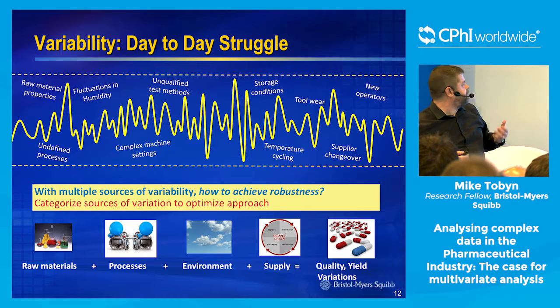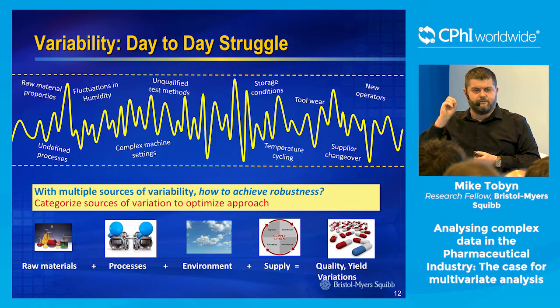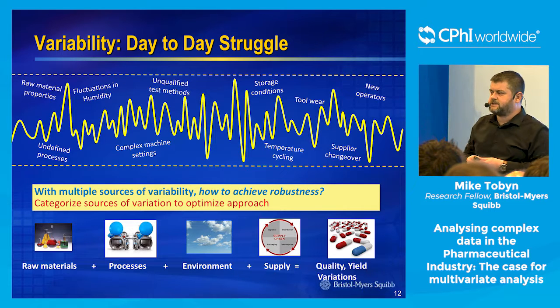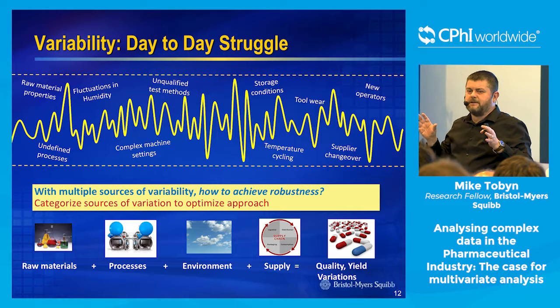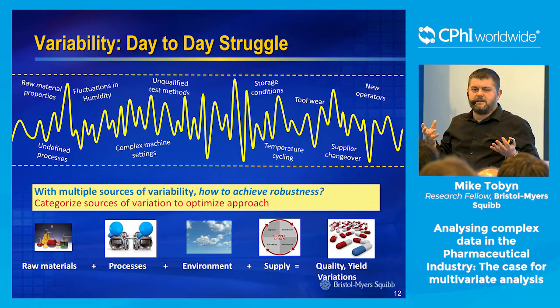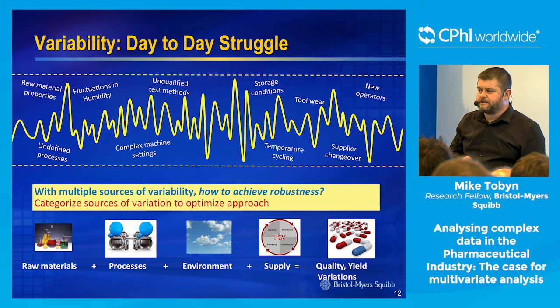So it's variability, and what we're ultimately interested in is robustness. It's the robustness of the system to cope with that variability. So when you're doing manufacturing, it's the variability that you want to capture and understand, not just the raw parameters.